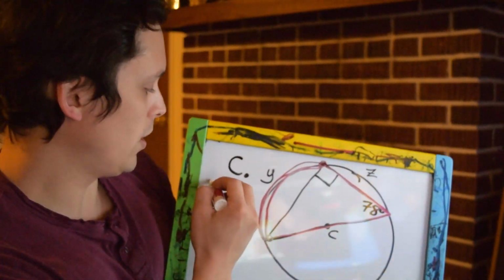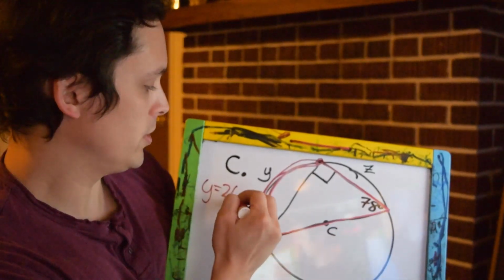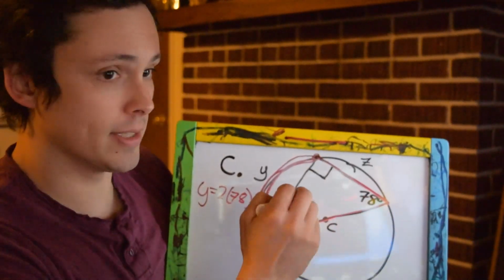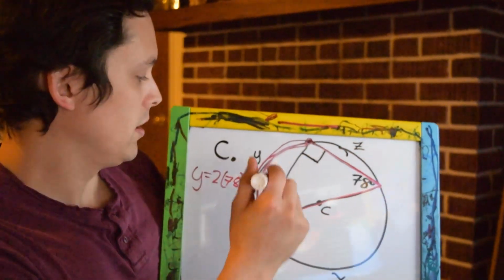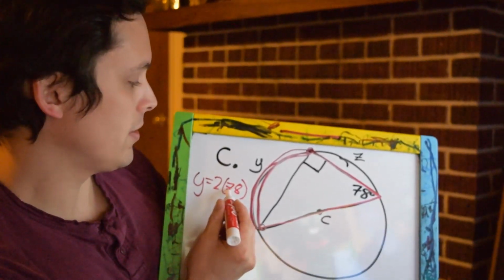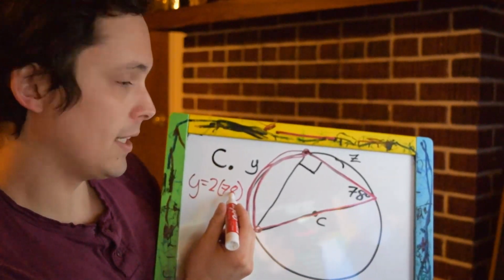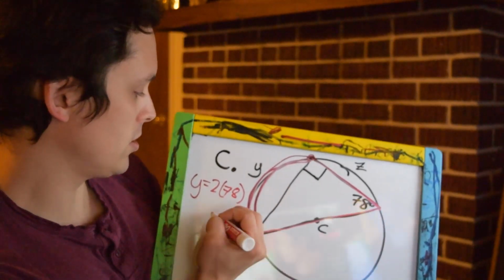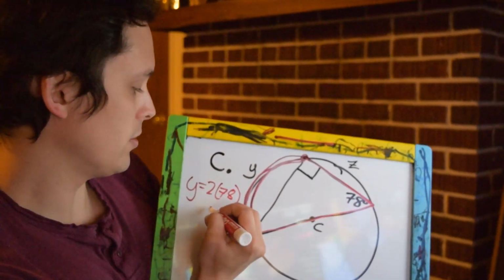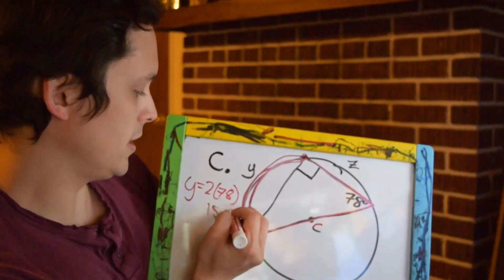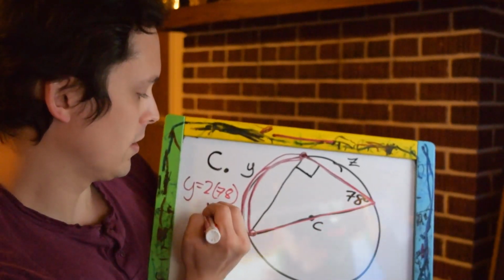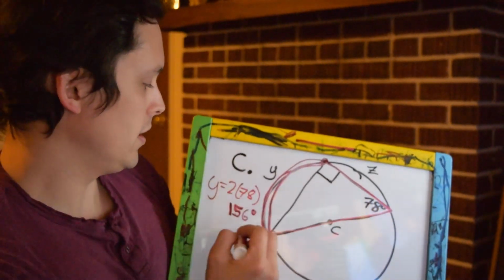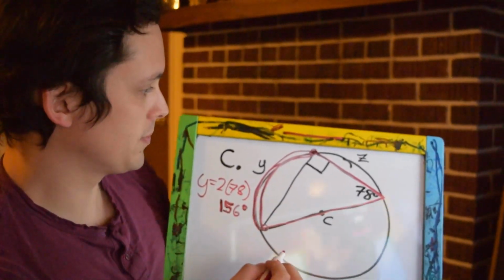So that would mean that y equals 2 times 78 using our inscribed angle theorem. So let me do that quick in my head. 70 times 2 is 140, and 8 times 2 is 16. So this would be 16 and 140, so 156 degrees. Okay, so y is 156 degrees.